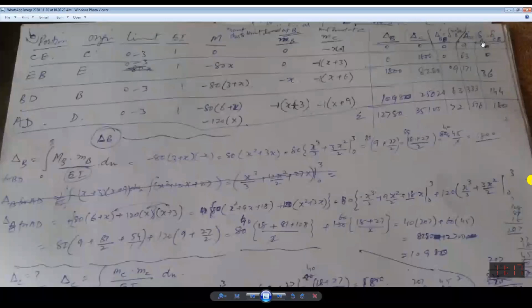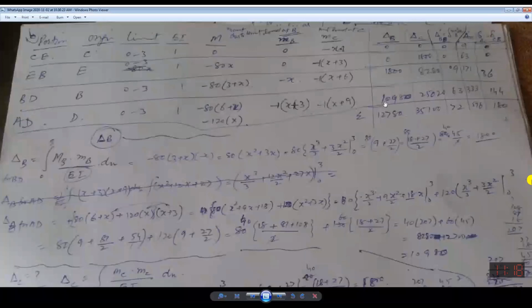Multiply this with this, 0, and limit will be 0 to 3. And similarly, you multiply this factor with this one, and you apply the limit of 0 to 3, you will get 36. Multiply these two values, 144, and you will be getting these values. And this summation is the final value.